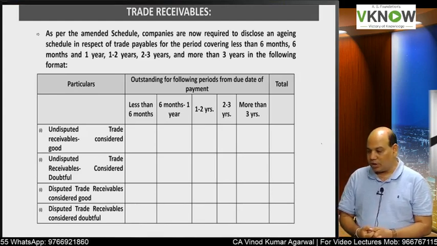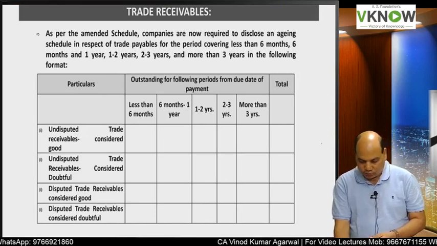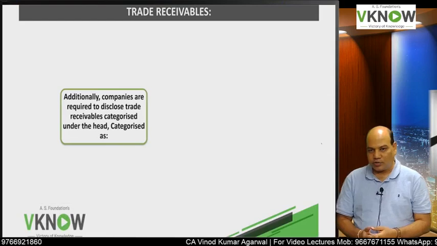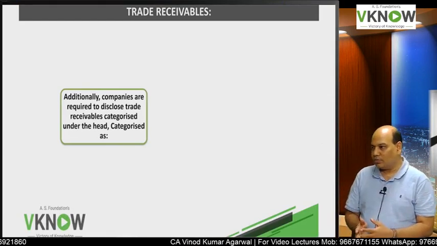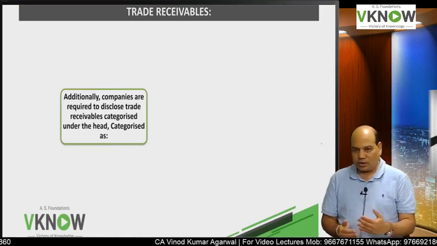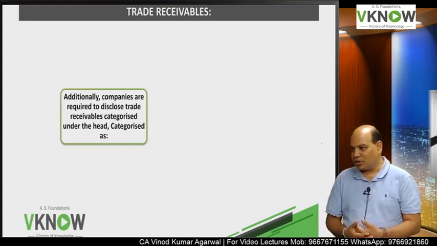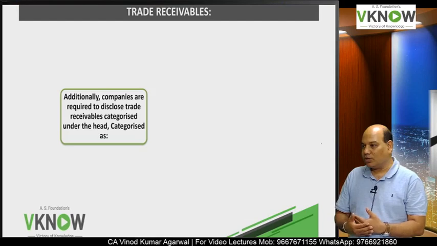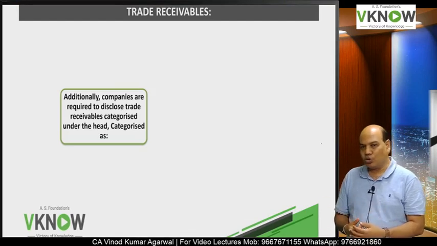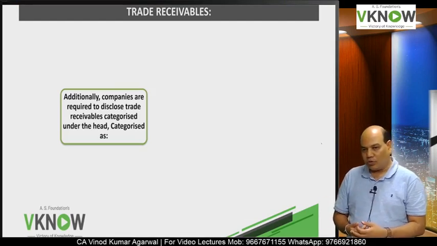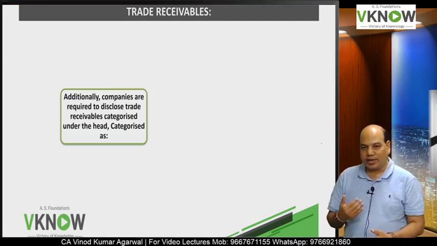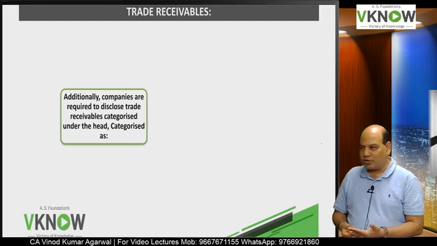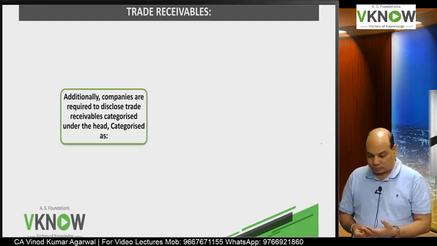And disputed trade receivable considered doubtful, which means the shareholders and outsiders will have a look at it and then take their decision whether to invest in such companies or not. Especially when you are borrowing for a short period of time, the bankers will have a close look at this number. Or if you have a trade creditor, he will also look at this number and he may decide not to give you credit.